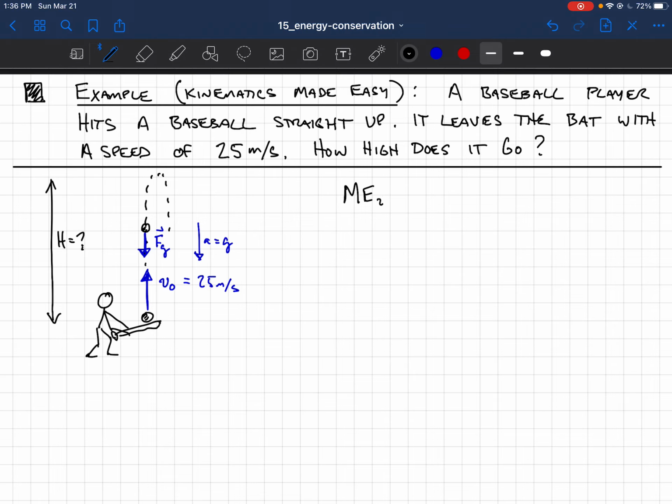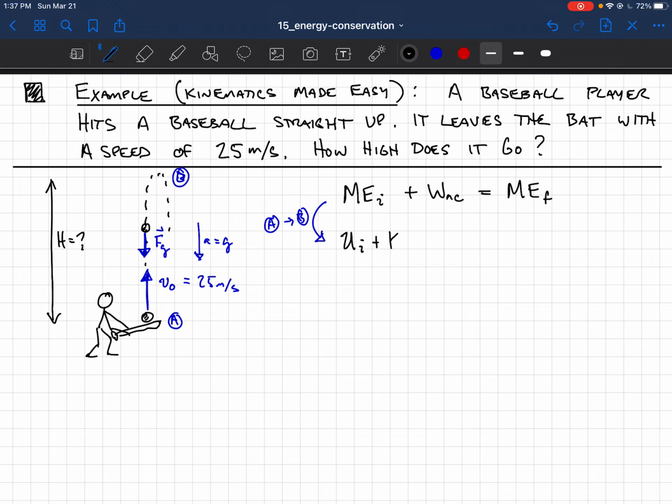So we write it down. Mechanical energy initial plus the work non-conservative is equal to mechanical energy final. Now we try and make it specific to our problem. So I'm going to set my initial equal to A and my final equal to B. What I mean by that is I'm going to start out here at point A and I'll end up here at point B. So now I can write out what my mechanical energy initial is.